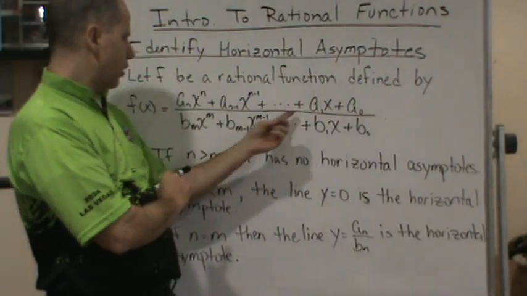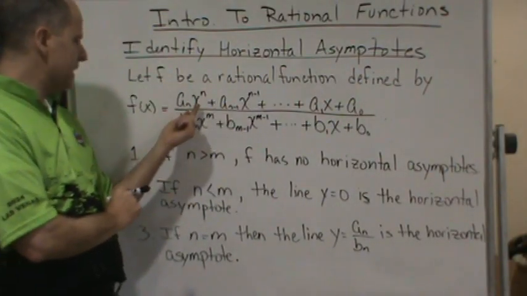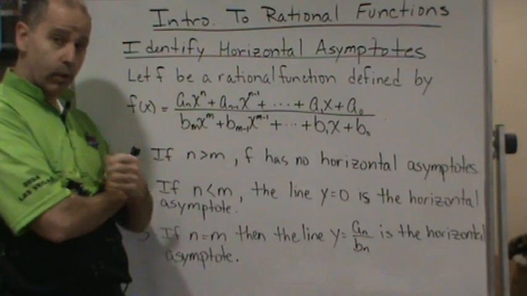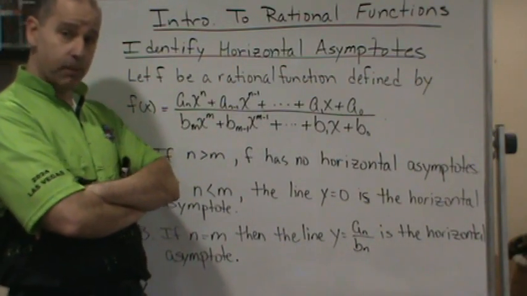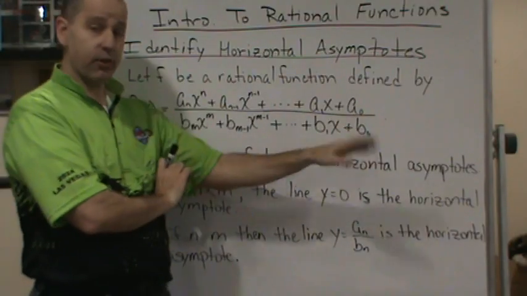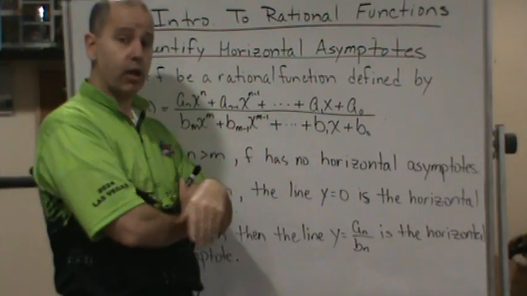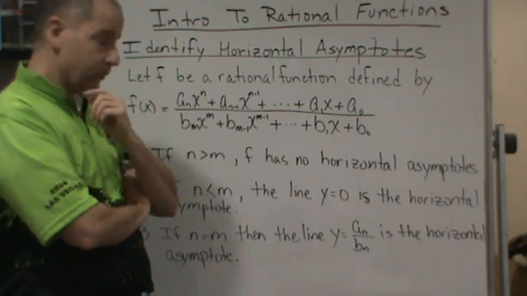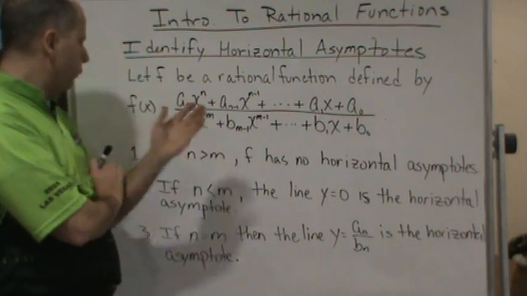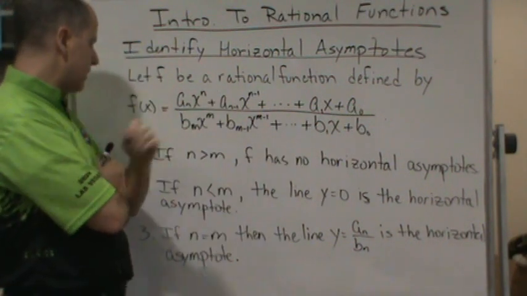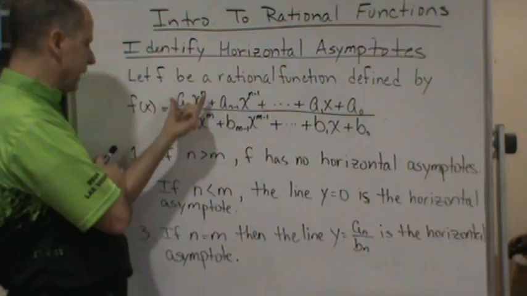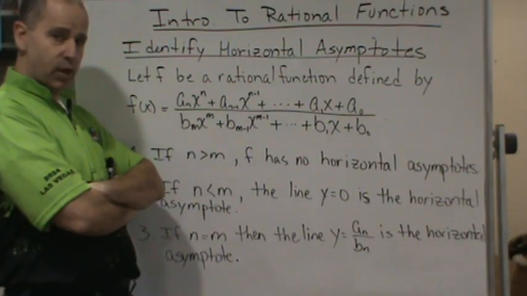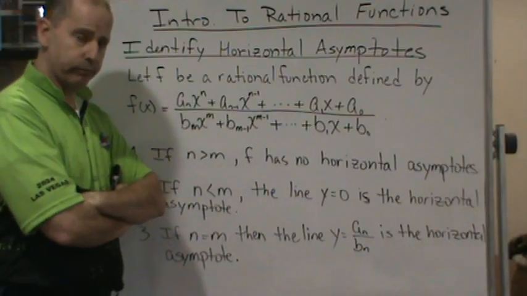And if we look at all the terms, we know that x to the nth power and x to the mth power is going to grow much faster than any of the other terms. So if we're talking about large values of x, okay, well, if we just ignore all the terms on the top and the bottom except for just the leading terms, and we look at, okay, what's going on with these leading terms when we talk about end behavior.